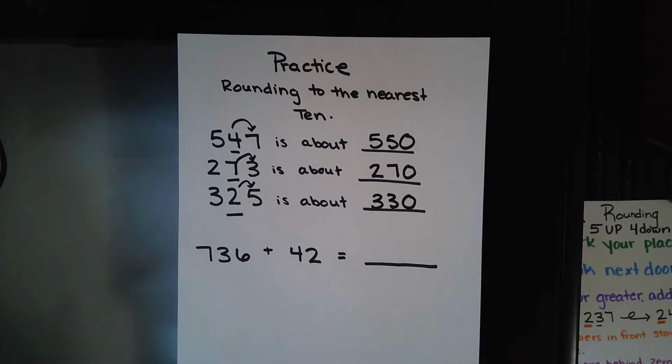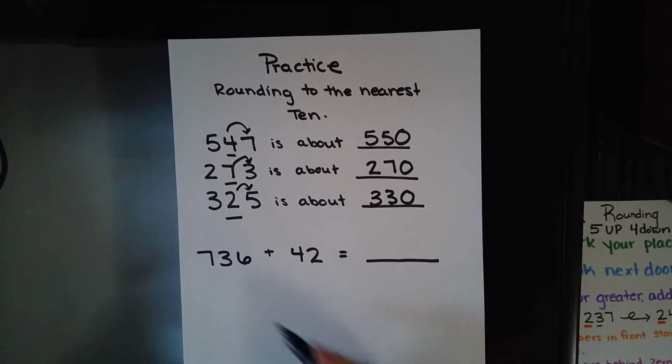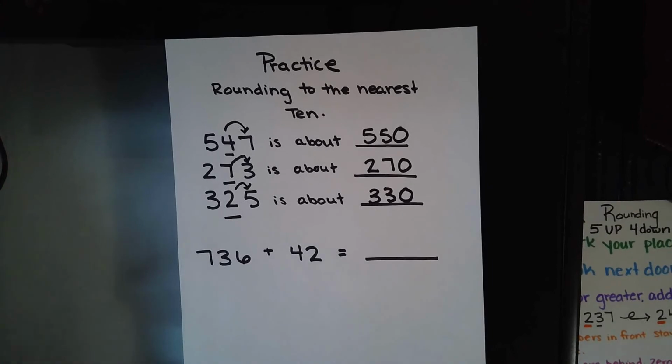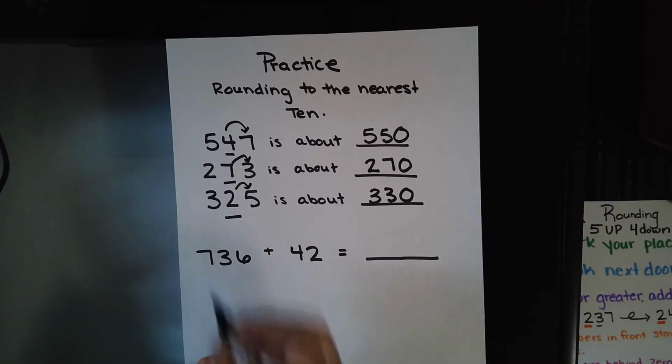So now when we put this to an addition problem, we need to do 736 adding 42. And we're going to do with rounding, it's an estimate. You're not going to get the exact answer, and that's okay. That's the point. So first, let's round 736.